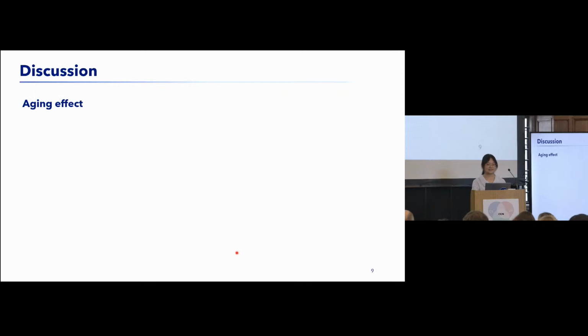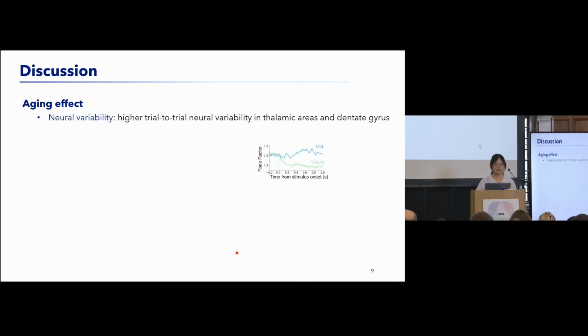And to summarize, in our project, we examined the effect of aging on neural variability by using large-scale extracellular recordings from mice. And we indeed found aging effects. As for neural variability, we found the old animals showed higher trial-to-trial neural variability in thalamus regions and dentate gyrus of hippocampus.